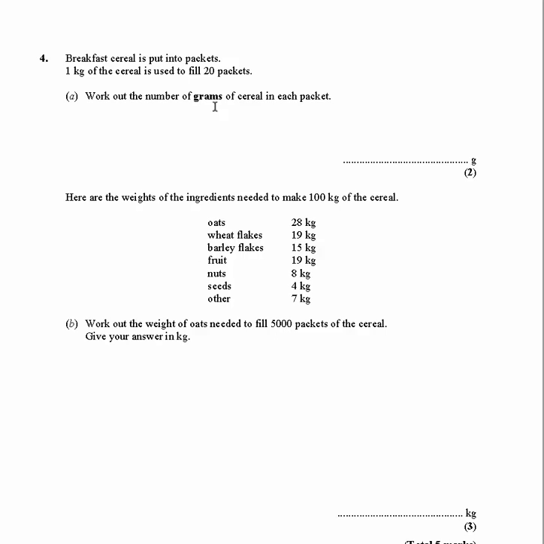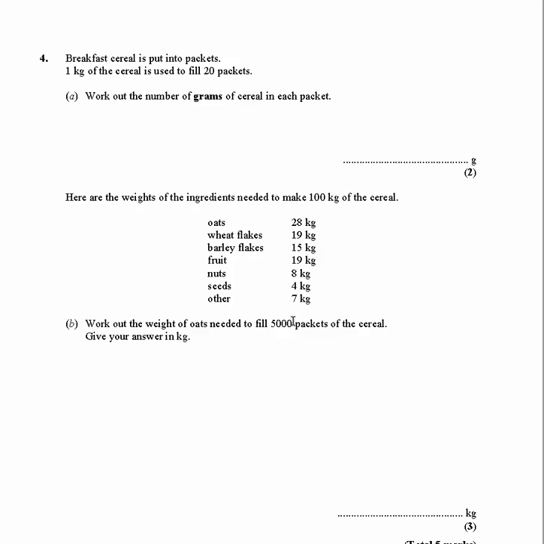So the first thing to do is use this information to work out how much 5,000 packets of the cereal would weigh. And once you know what that is, you can use this to help you answer how many oats you would need. So for example, if this weighed 300 kilograms, it doesn't, but say it did, then the amount of oats you would need would be 3 lots of 28, which is 84.